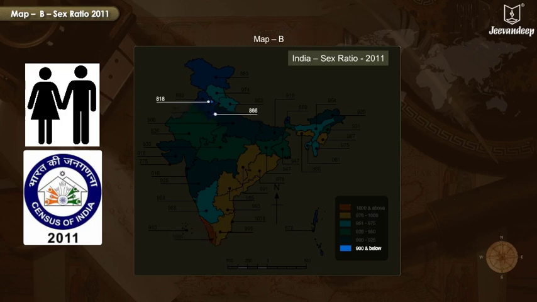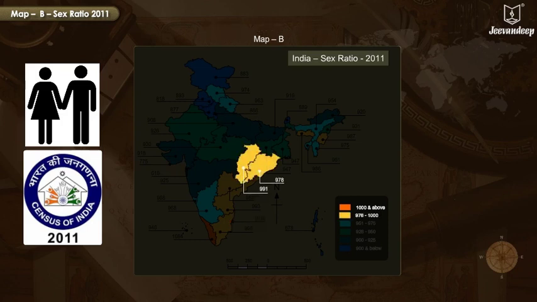Chandigarh, Delhi, Dadra and Nagar Haveli, Daman and Diu have a very low sex ratio. Puducherry has a sex ratio of 1038.